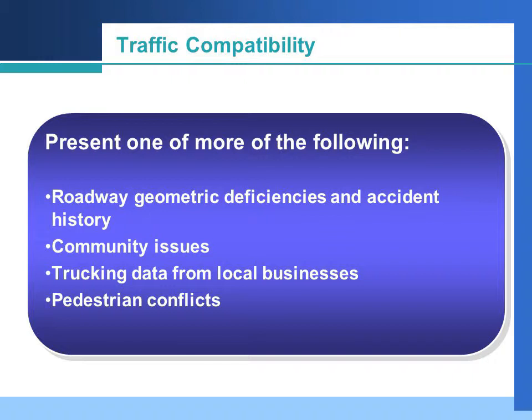For traffic compatibility, one or more of the following will need to be presented: roadway geometric deficiencies and accident history, such as truck accident rates; community issues such as vibration, time of operation, noise, or visual impacts; trucking data from local businesses; pedestrian conflicts.